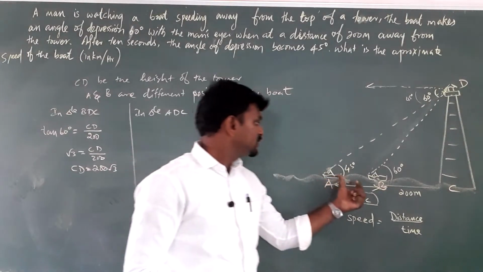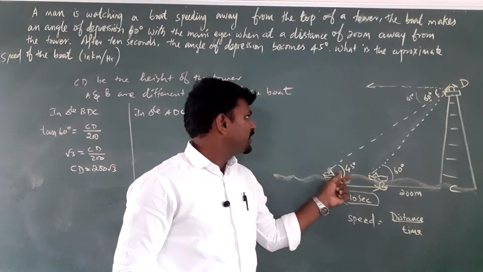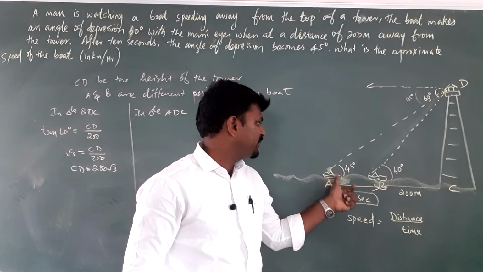Tan 60 is equal to root 3 is equal to CD by 200. CD is equal to 200 root 3.